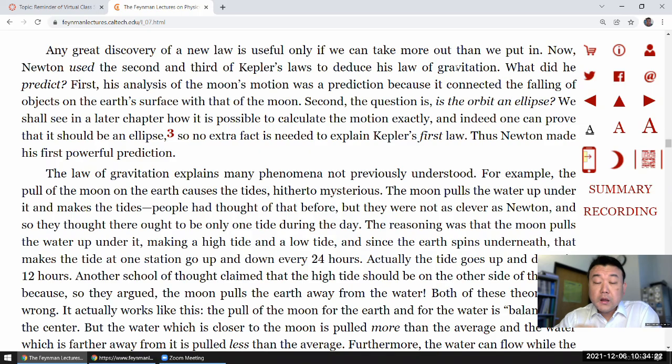Second, the question is: is the orbit an ellipse? We shall see in a later chapter how it is possible to calculate the motion exactly. And this is actually the part where you have to be good at calculus. And indeed, one can prove that it should be an ellipse. So no extra fact is needed to explain Kepler's first law. Thus, Newton made his first powerful prediction, reduced 3 laws of planetary motion down to 2, more or less.